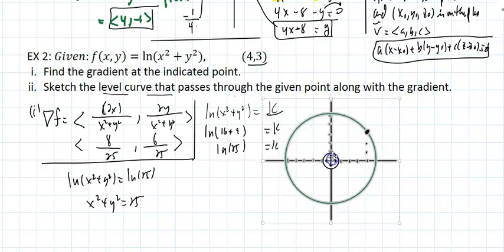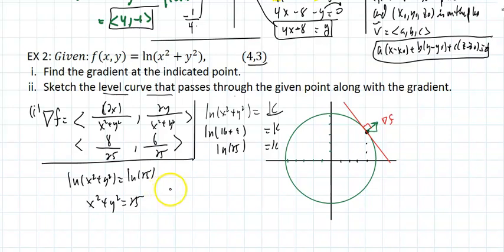And if I am to look at my vector, it would be from this point 8 divided by 25. So in the i direction and in the j direction, this vector right here, if you can imagine a tangent line, it would be perpendicular to it.